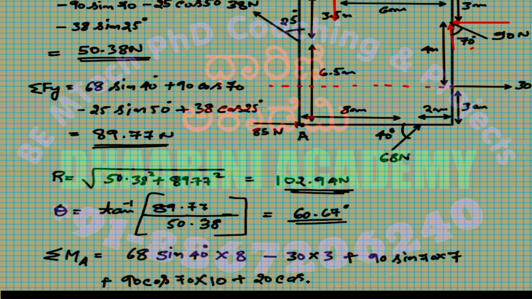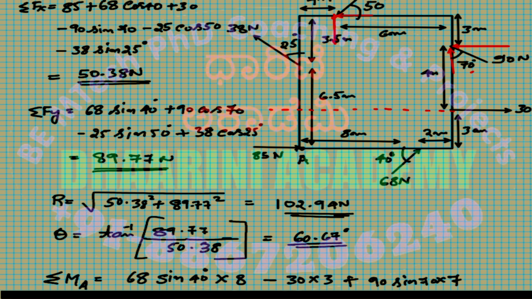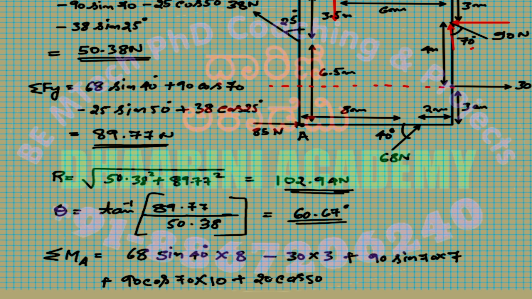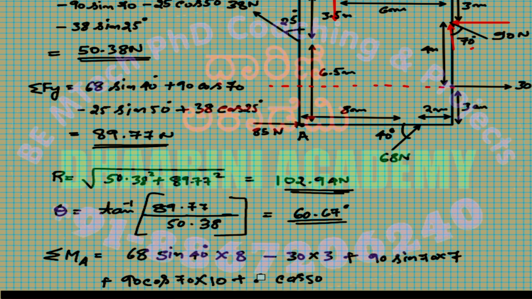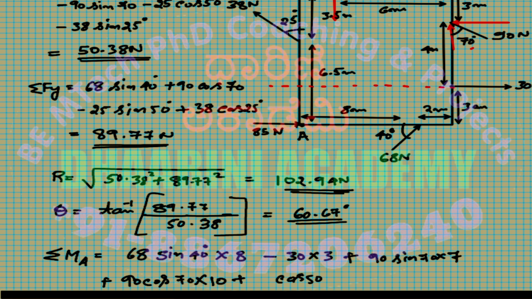Cos 50, I think 20 or 25. 25 is correct. So this is not 20, this has to be 25. So plus 25 cos 50, right?